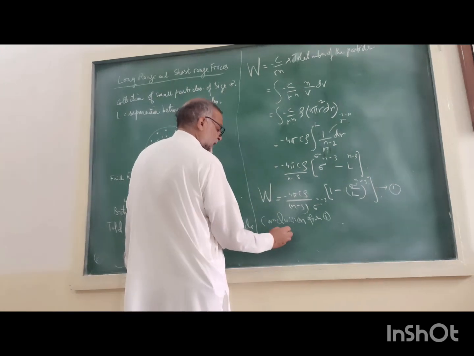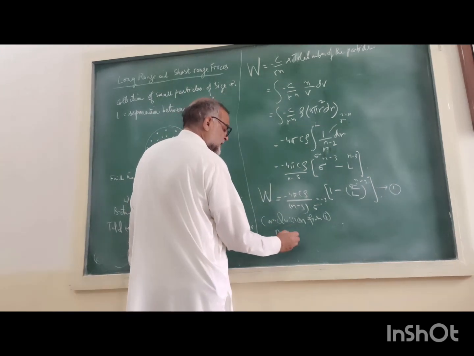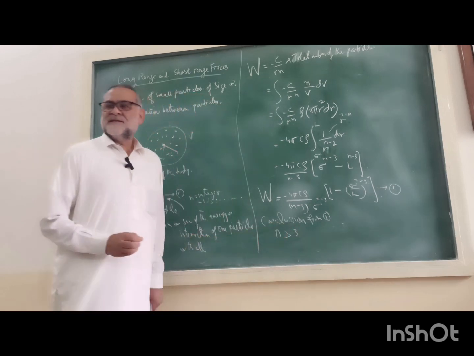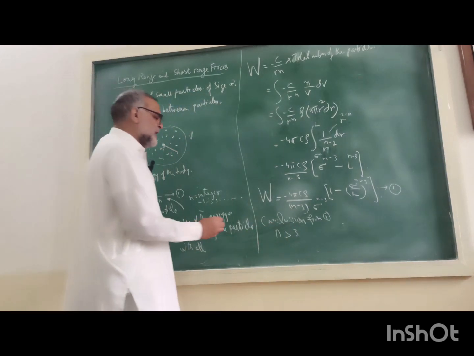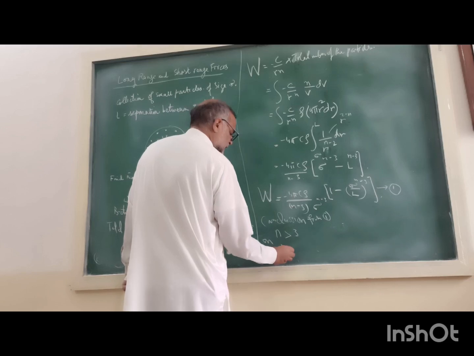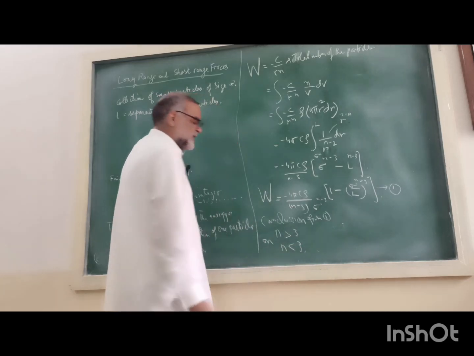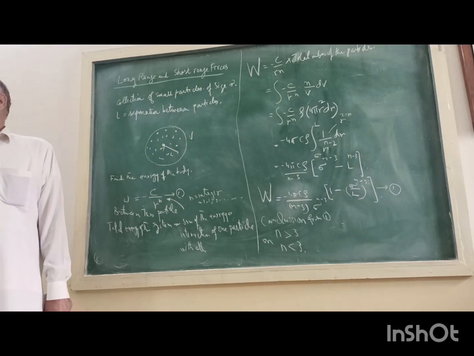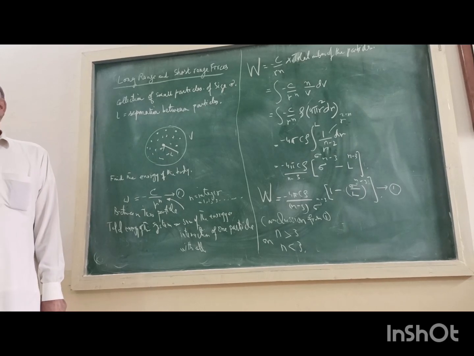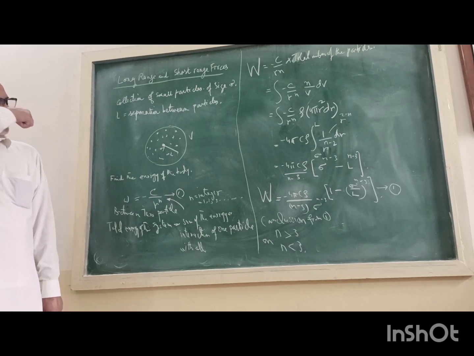Either n is greater than 3 or n can be smaller than 3. Our n, which was not known to us, could be either greater than 3 or smaller.